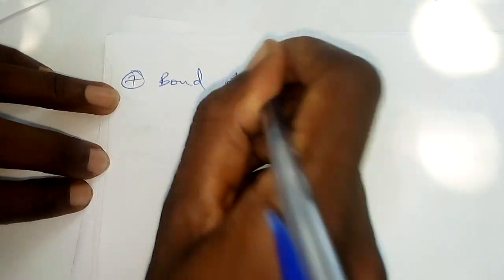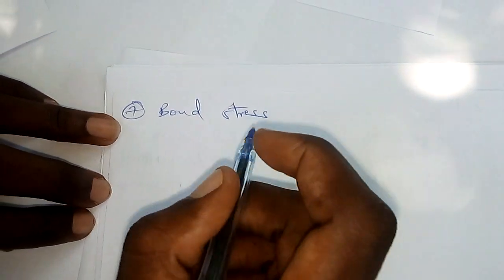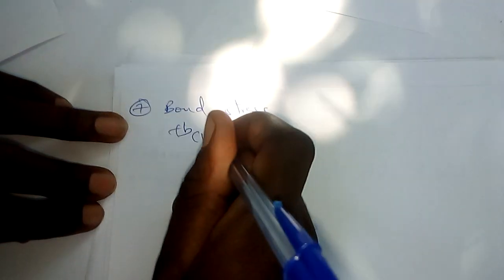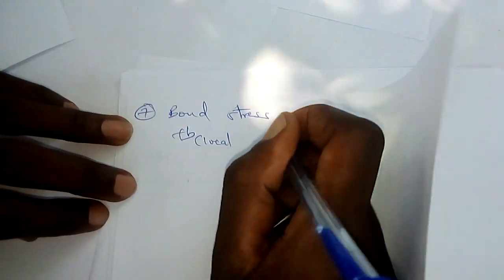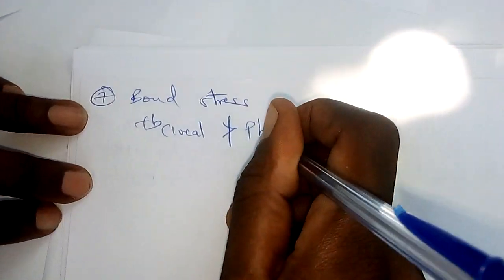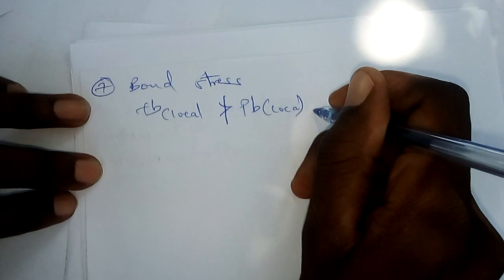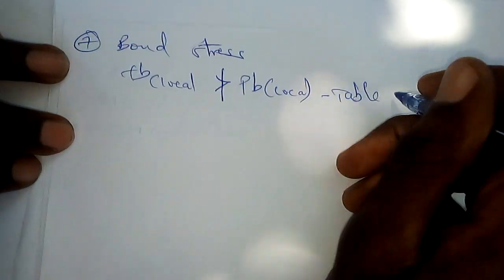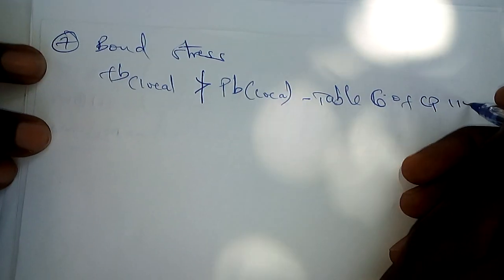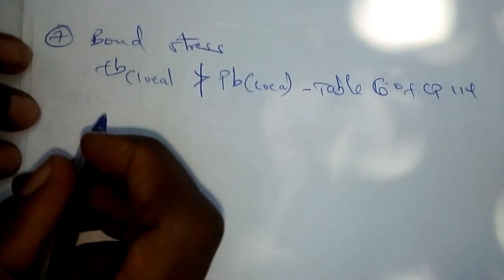We go for 7. The procedure number 7 is bond stress. For bond stress, we normally say the calculated local bond stress should not be greater than the permissible local bond. This is still from table 6 of CP114, Code of Practice 114.